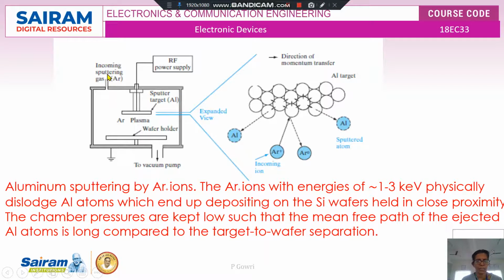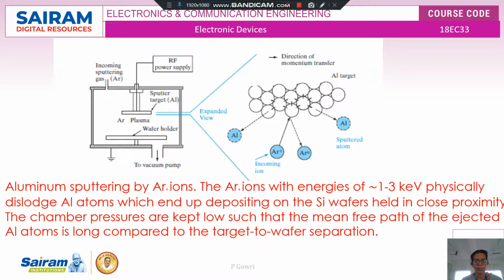The sputtering gas is argon. When argon with very high energy, almost 1 to 3 kilo electron volts, passes into the system, it will dislodge the aluminium atoms from the target, which will get deposited on the silicon wafer surface, which is kept in close proximity.